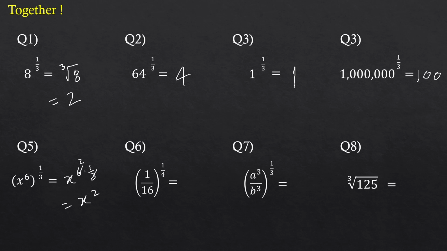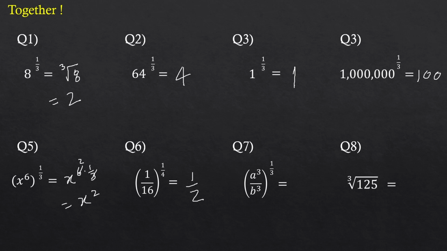Okay, question 6. 1 over 16 to the power of 1 over 4. So what should that mean? It should be a number that becomes 1 over 16 when you multiply it 4 times, right? 1 over 2. Okay, next. a to the 3 over b to the 3, to the power of 1 over 3.